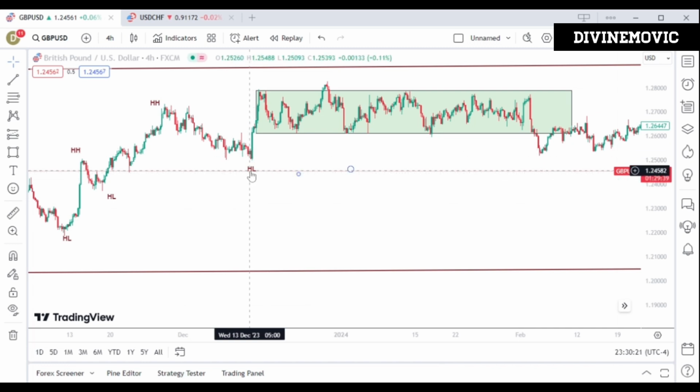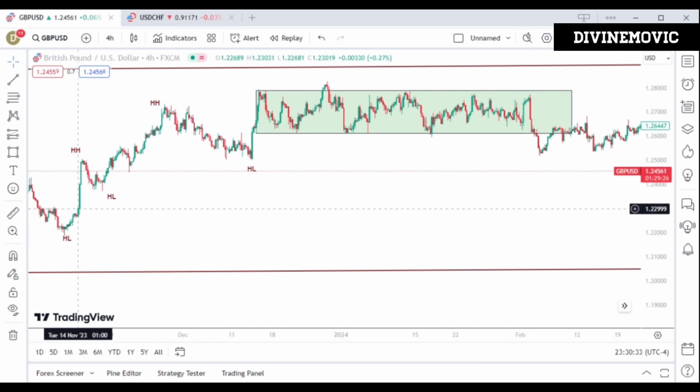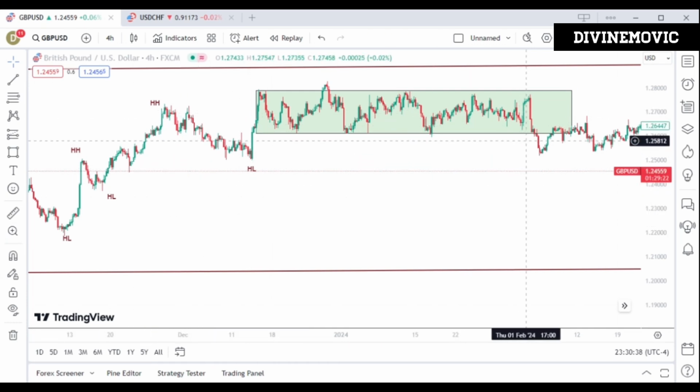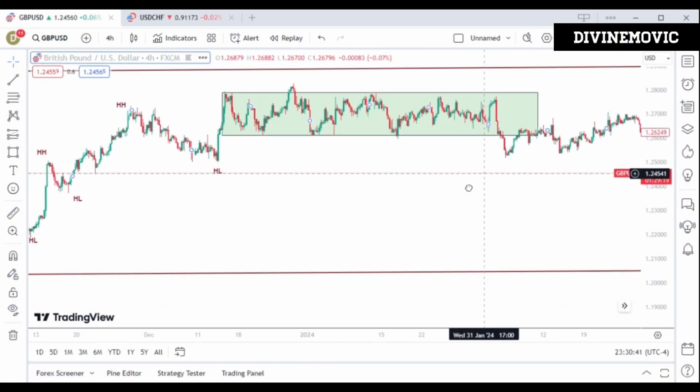But when price gave us this higher high and higher low, price went into the ranging phase. That means you cannot really identify if price is going to the upside or price is just going sideways. So this point here is an uptrend, and this phase here is what? Ranging phase.